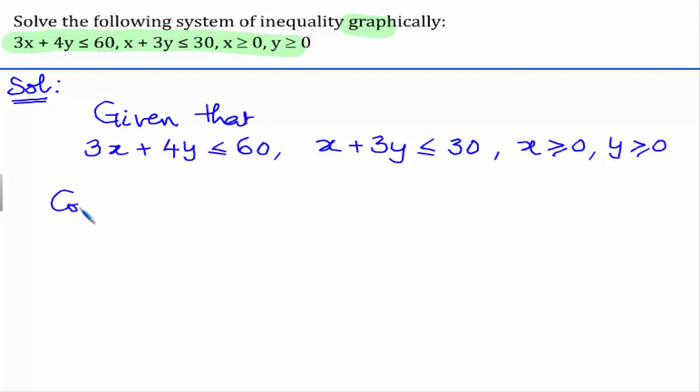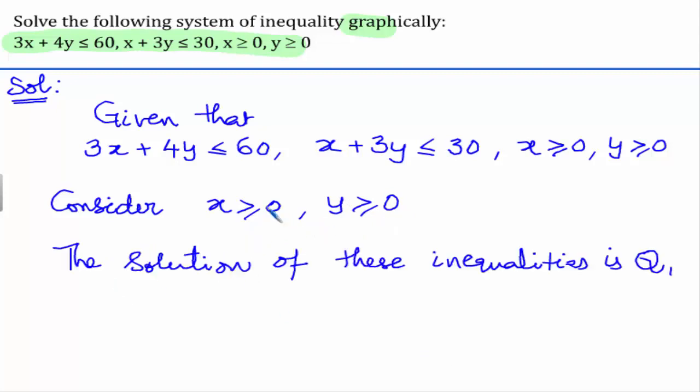Now let us consider the 2 inequalities x greater than or equal to 0, y greater than or equal to 0. Both together, these 2 inequalities represent quadrant 1. That means the solution of these 2 inequalities lies only in quadrant 1, so the solution of this system of inequalities also lies in Q1.